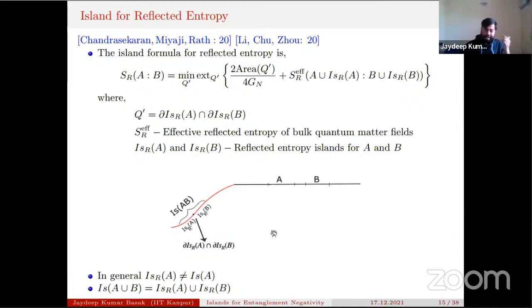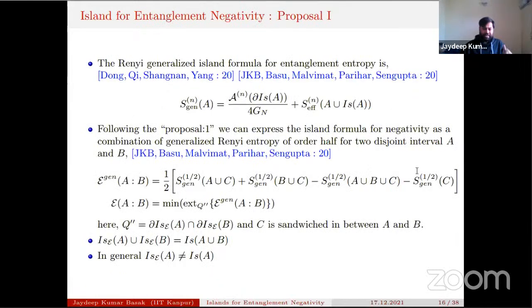One part we can name as reflected island A, and another part is reflected island B. This is what is happening here. So we are having the contribution of the first term from this black dot, and the second term is basically the effective reflected entropy. In the same way, we are going to propose an island for entanglement negativity.